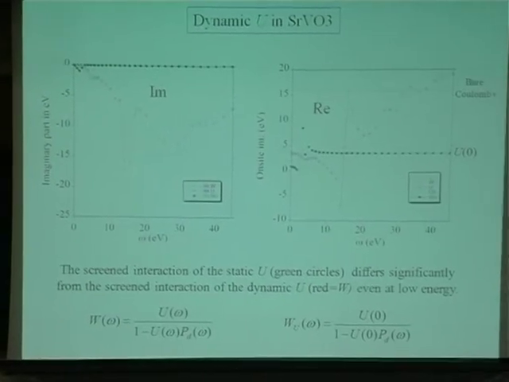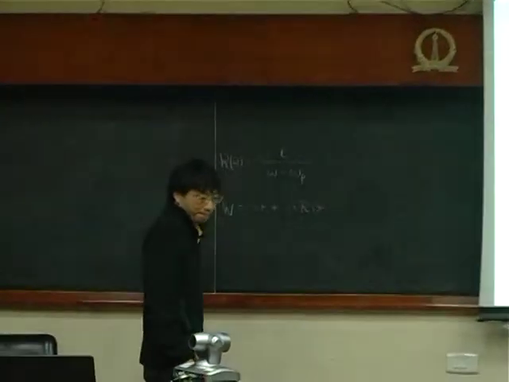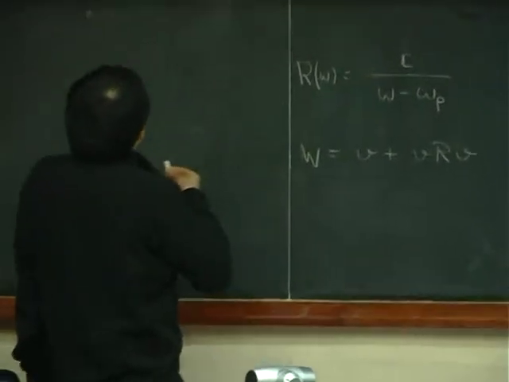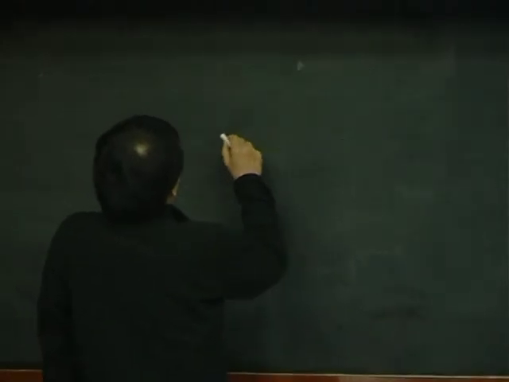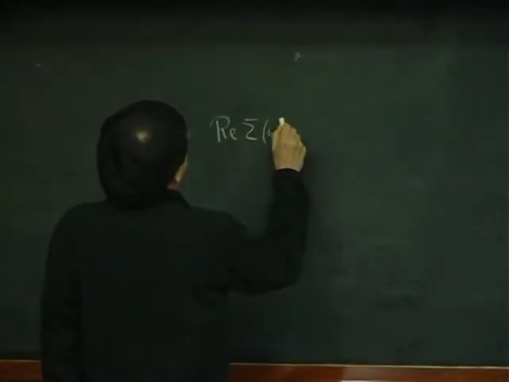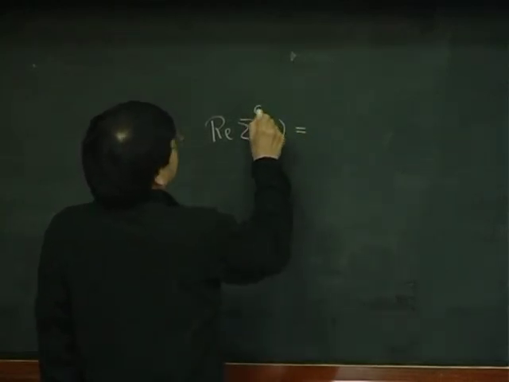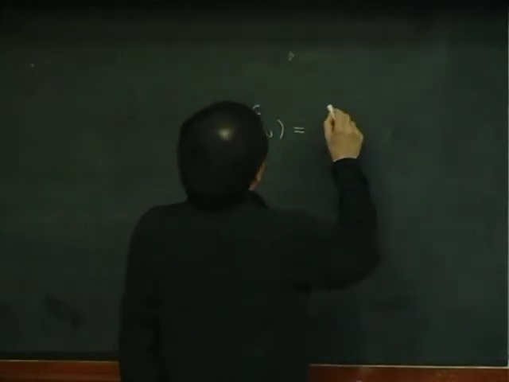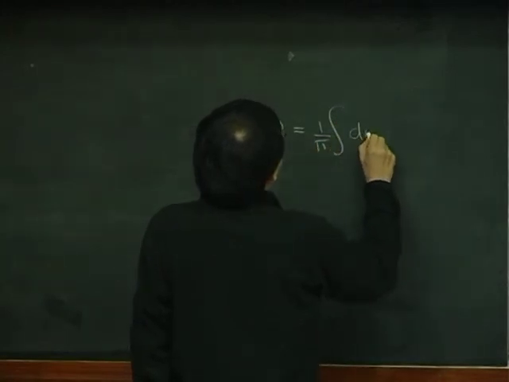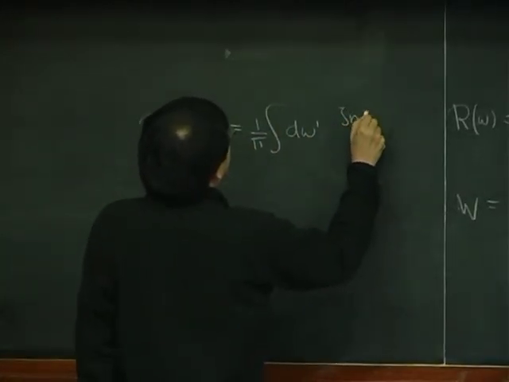So you get basically the following. The real part of the self-energy, I'm just looking at the correlation part, can look like this. And the imaginary part of sigma.